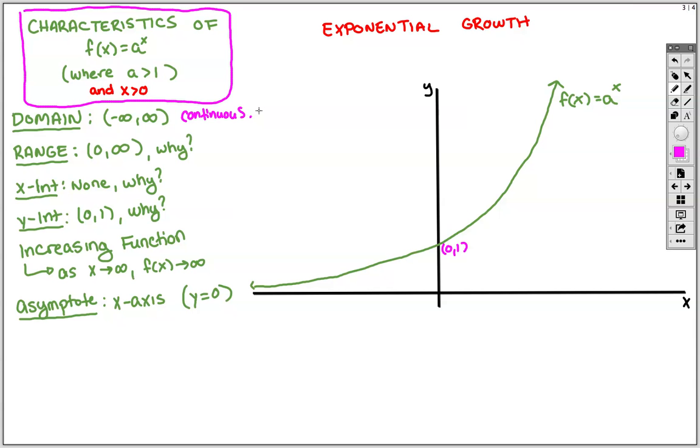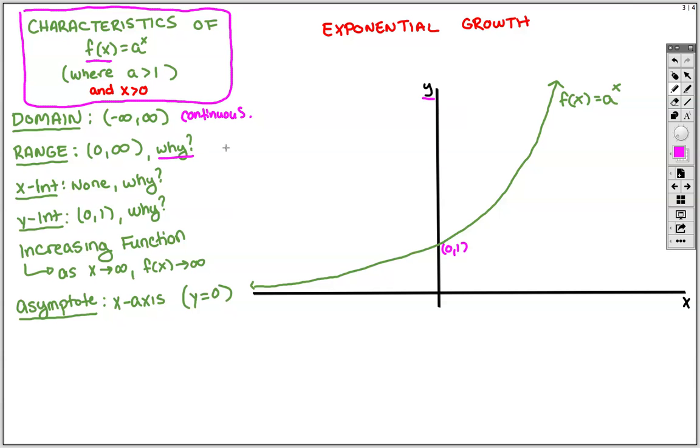Okay. So let's talk about the range a little bit. What is the range? The range is all the possible output values that the function can take on. And as we discussed, the output values, the f of x values or the y values, and remember they're the same thing, have to be positive, right? So the range has to be 0 to infinity. The y value, or the f of x value, can never be negative, and it can never be 0.